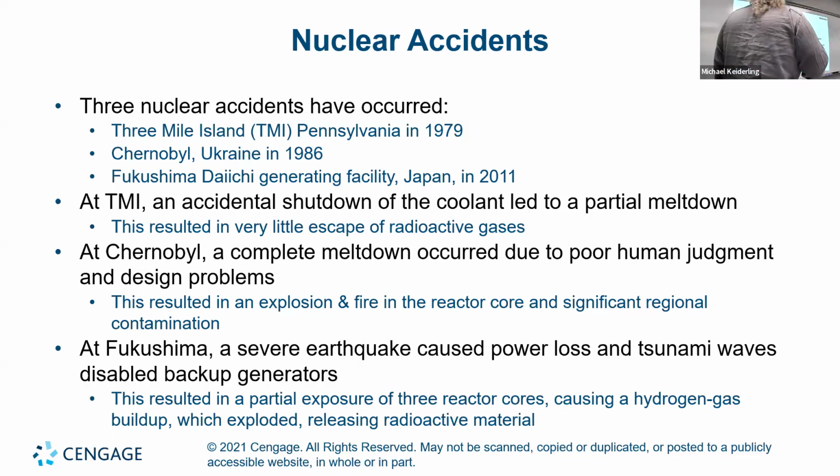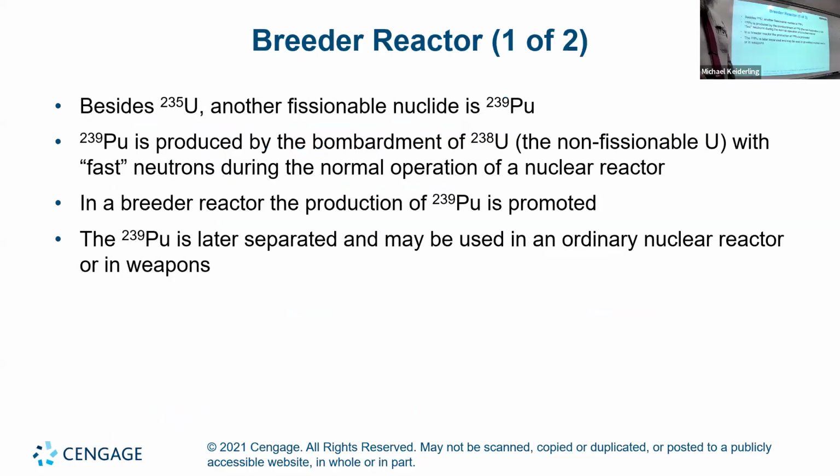Chernobyl, a complete meltdown occurred due to poor human judgment and design problems, and turning off safety systems. The string of stupid involved in Chernobyl is kind of terrifying. And this resulted in an explosion and fire in the reactor core and significant regional contamination. And then at Fukushima, a severe earthquake caused power loss, and tsunami waves disabled backup generators. And this resulted in a partial exposure of 3 reactor cores, causing a hydrogen gas buildup, which exploded, releasing some radioactive material. But really, nuclear reactors are not that bad.